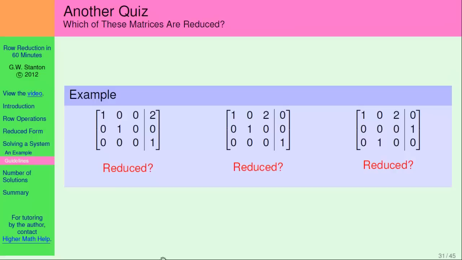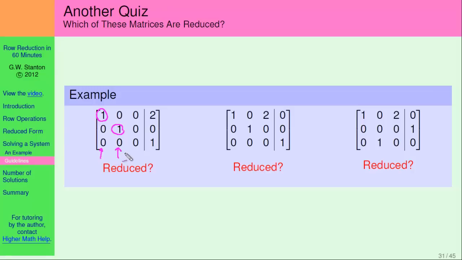So let's take a quiz just to practice this. Is the first matrix reduced? Well, let's see. We would want to get a leading 1 in the first row. That's done for us. Then we would want to clear its column. That's done for us. Then we move to the second row. We want to get a leading 1. That's already done. We'd want to clear its column.